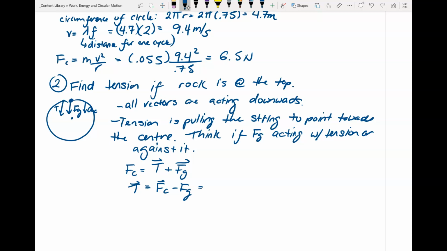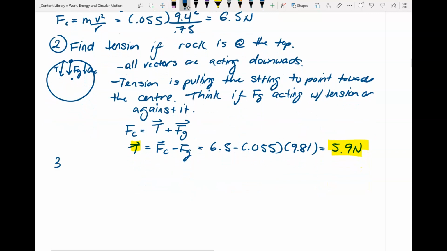FC, we got that from above, is 6.5 newtons. FG, we can calculate as mass times gravity. So overall, your tension is 5.9 newtons. So that is your tension if the rock is at the top of the loop, and then we're going to calculate again for the bottom.